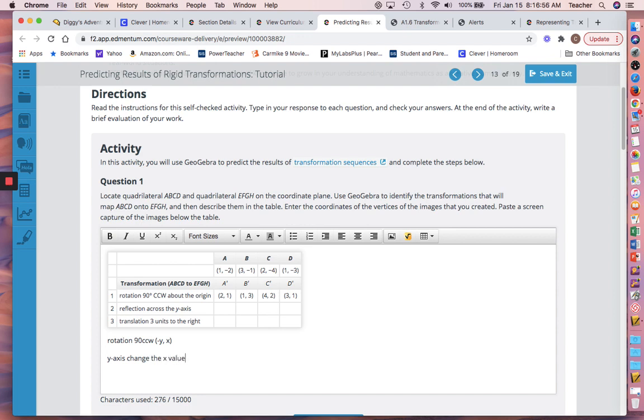So that 2 right there is now going to become a negative 2. 1 stays the same. That 1 is going to become a negative 1. 3 stays the same. 4 becomes a negative 4. 2 stays the same. 3 becomes a negative 3.